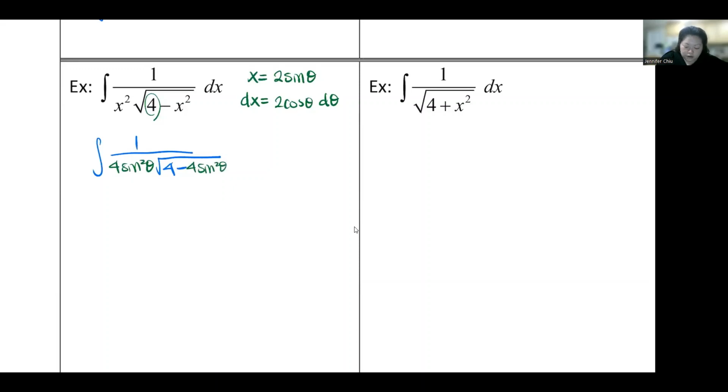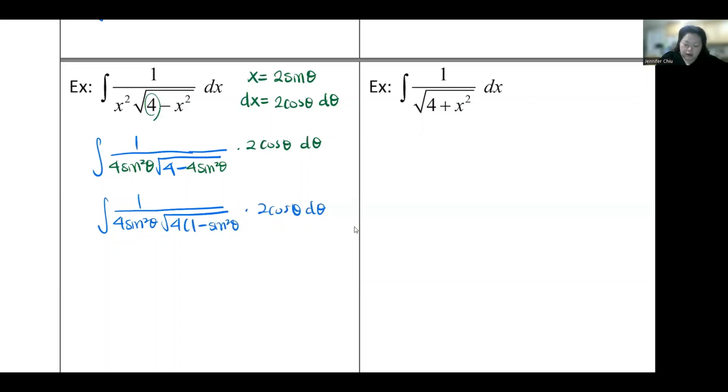And then don't forget your dx, which is going to be 2 cosine theta d theta. Okay, so you should clean up. So you get 1 over 4 sine squared theta. The square root now becomes the square root of 4 times 1 minus sine squared theta, times 2 cosine theta d theta.